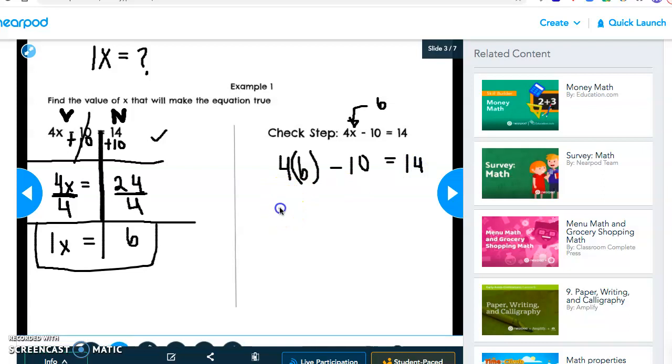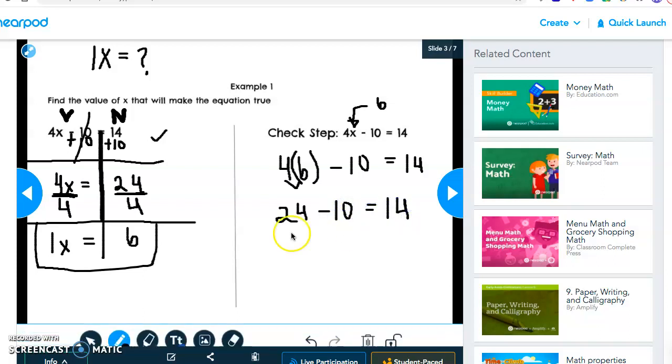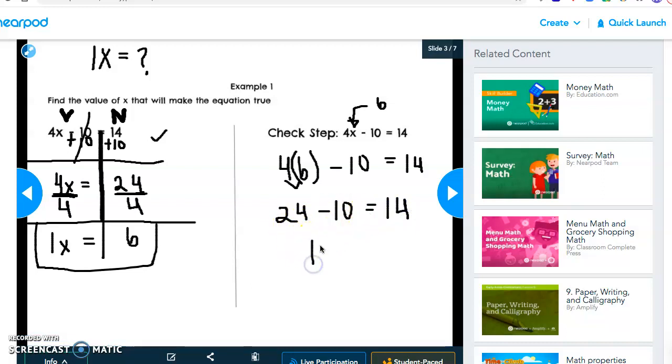And then we get 24, because 4 times 6 is 24. Minus 10 equals 14. And so here, 24 minus 10 is obviously 14. So we get 14 equals 14.